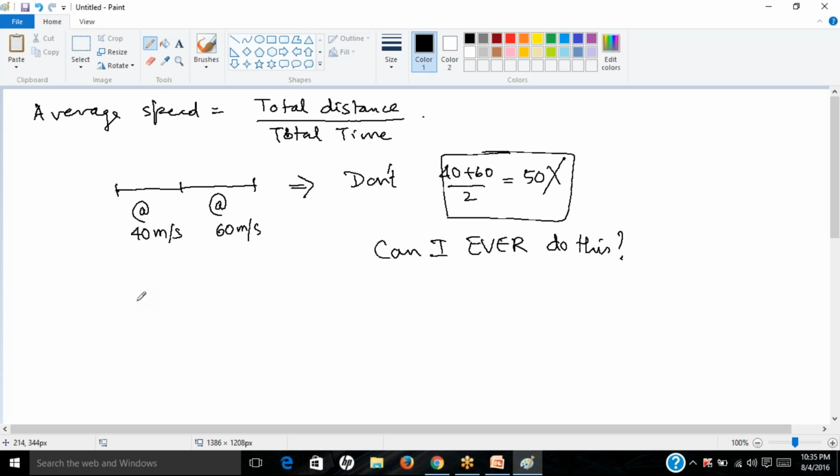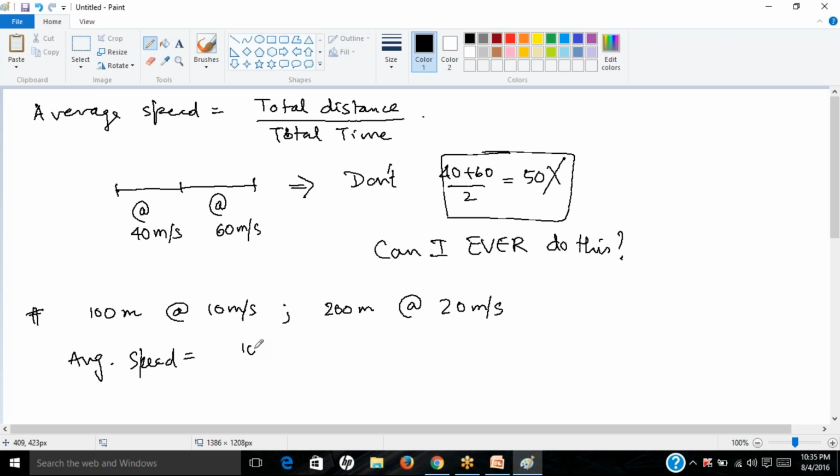Take this case. Let's take an example. You travel 100 meters at a speed of 10 meters per second, fine? And then go on to travel 200 meters at 20 meters per second. What is the average speed? So we will do 100 plus 200 total distance, 10 plus 20 total time.